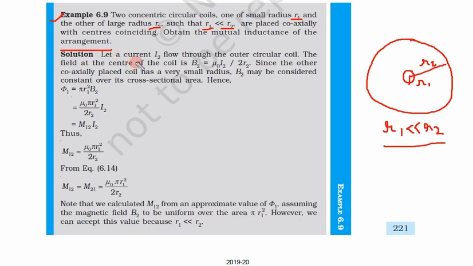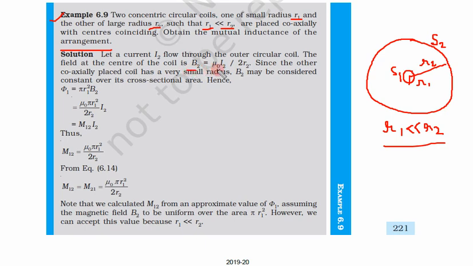Now let a current I2 flow through the outer circular coil. Let us name this S2, and this S1. So current I2 is flowing through the outer circular coil. The field at the center of the coil is B equal to mu 0 I2 upon 2 R2.